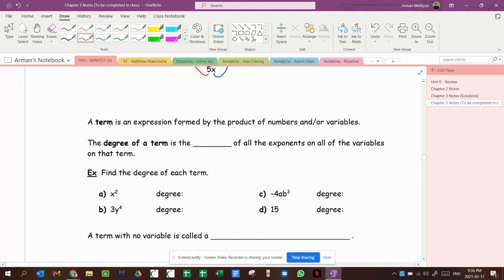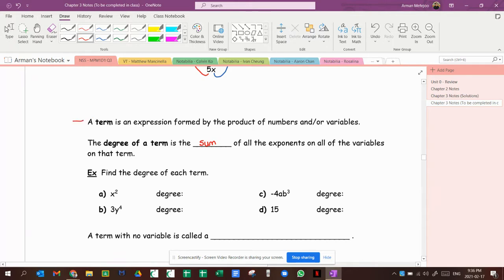A term is an expression formed by the product of numbers and or variables. The degree of a term is the sum of all of the exponents on all of the variables on that term.